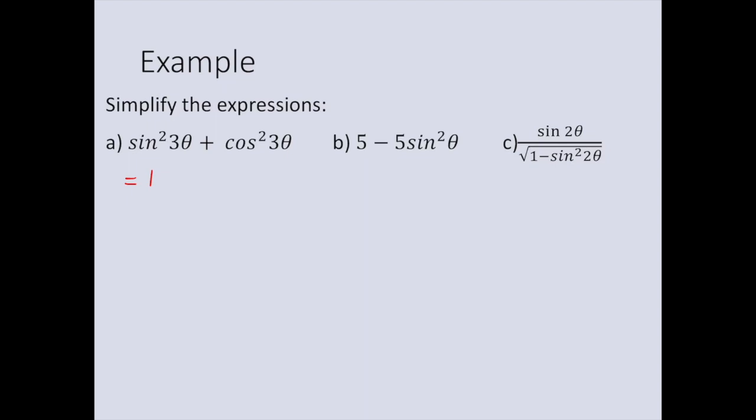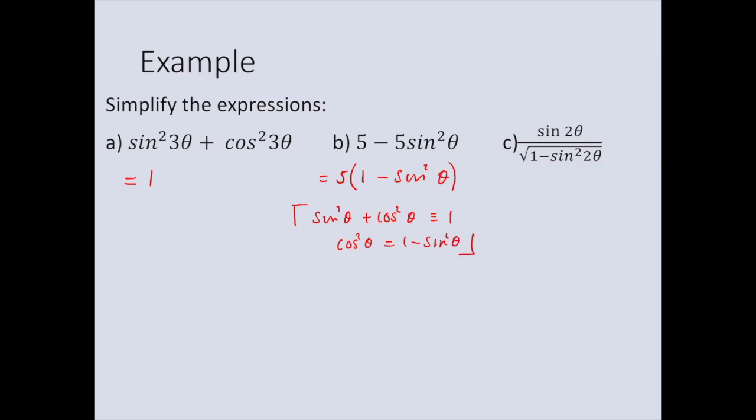Let's look at B. Okay, let's start by factorising out that 5. We get 1 minus sine squared theta. Now let's have a think about that for a second. So just on the side, we know that sine squared theta plus cos squared theta is equal to 1. If we were to subtract sine squared from both sides, we'd get that cos squared theta equals 1 minus sine squared theta.